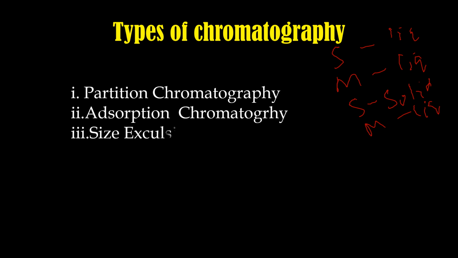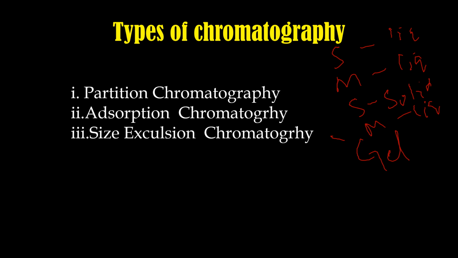Third type is the size exclusion chromatography. It has many names. It is also called gel chromatography, gel permeation chromatography, molecular sieve chromatography. What is this?